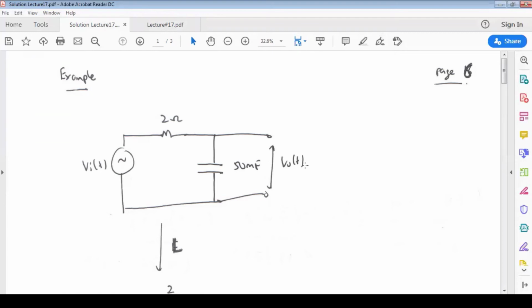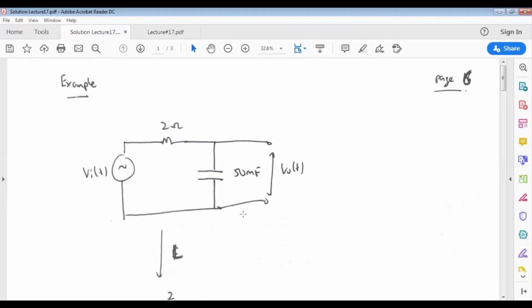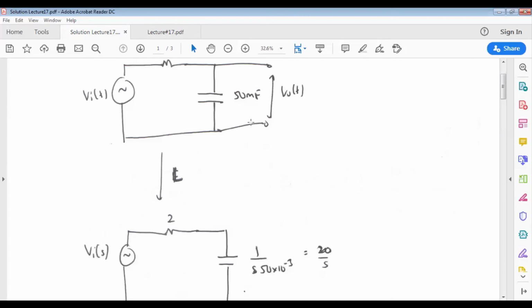Let's have a look at the solution for this question. What we have to do, basically, is transform the circuit into the S domain. This has been learned in lecture 15, on the Laplace transformation of the circuit. We shall assume that the initial voltage for the capacitor is 0.